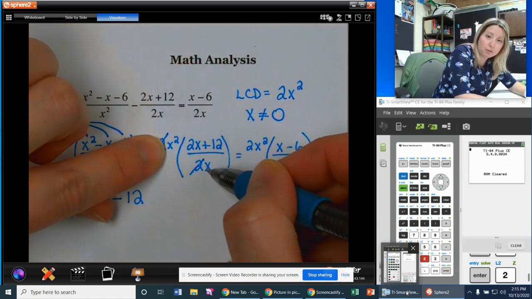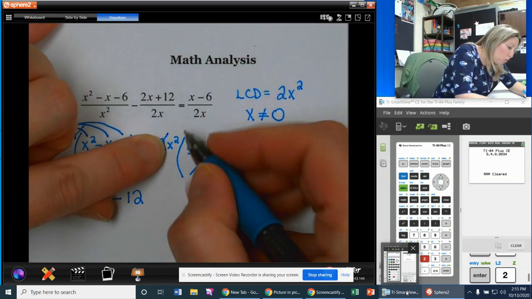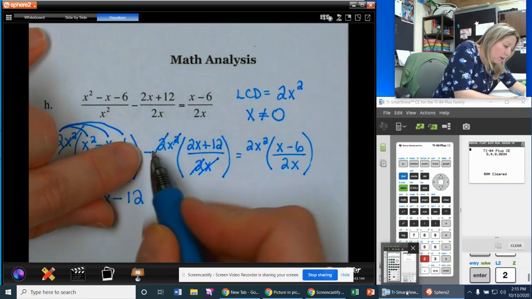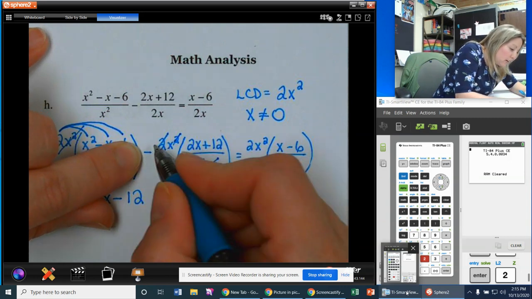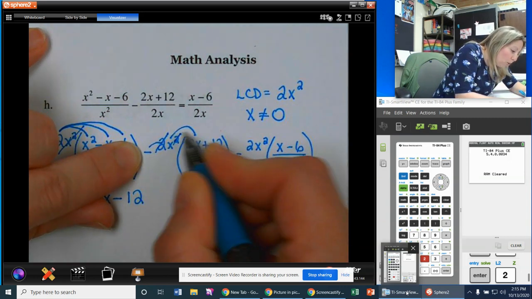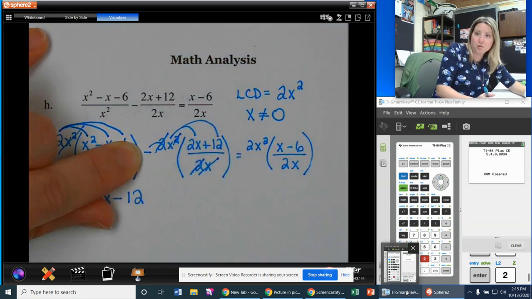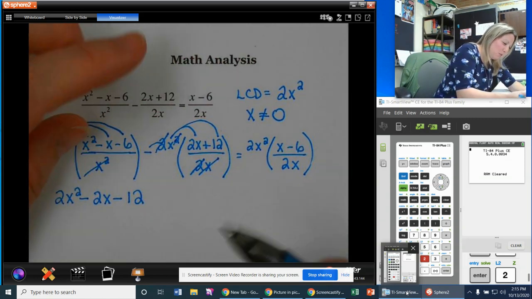X squared divided by x. Well, the squared cancels and the x is gone here, but this x stays. And what is that x? It's negative. So both of these things are multiplied by a negative x. There we go. I don't know why that froze with my hand in the way.